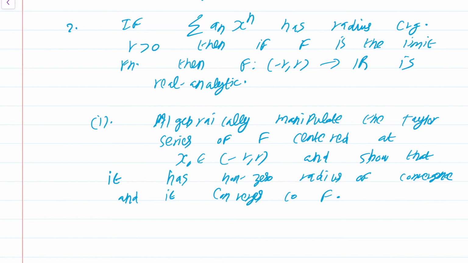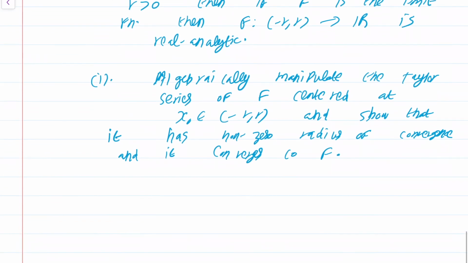If you take a point x naught in minus r to r, there is absolutely no reason to expect the Taylor series at that point centered at x naught to converge at all, let alone converge to f. There is absolutely no reason to expect that. The fact that it happens requires a lot of algebraic manipulation. You can do this. It's not very hard, but it's still a bit tricky. This is one way of doing it directly.